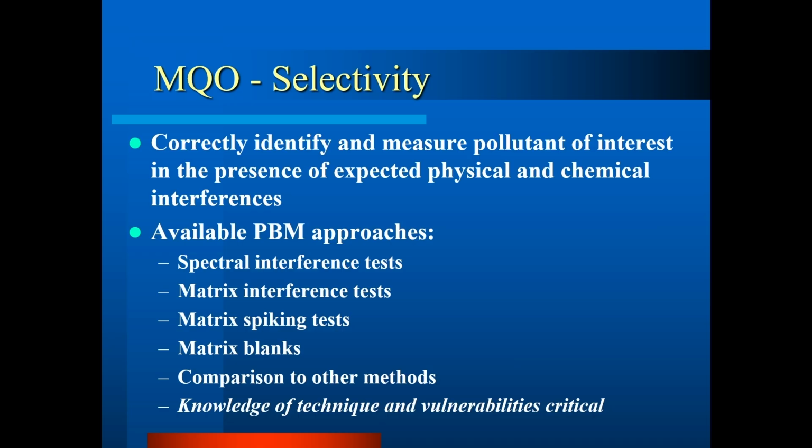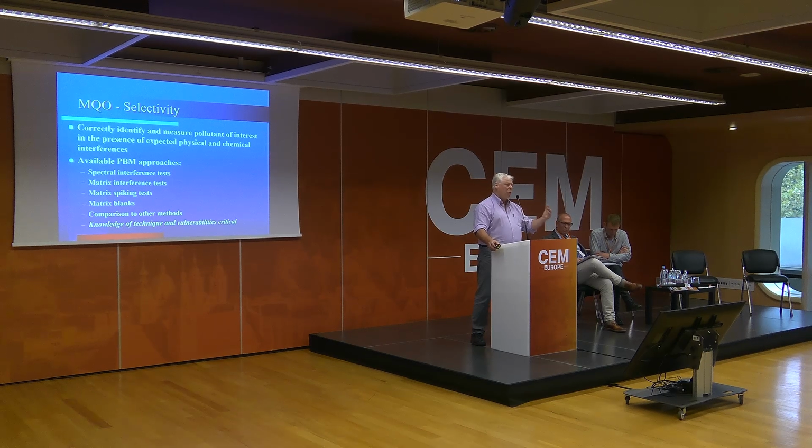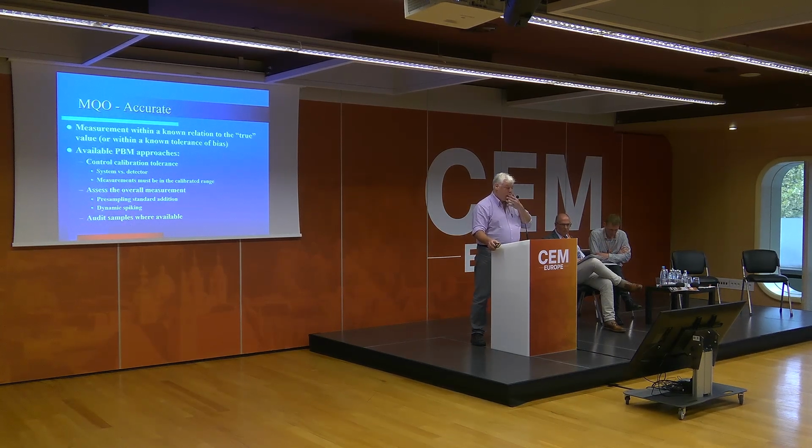What are some of the things that you need to consider? The performance-based approach includes spectral interference tests, matrix interference tests, matrix spiking tests, blanks, and comparison to other methods. It's really important that you understand the measurement environment you want to apply this approach to, so that you can be aware of its weaknesses.